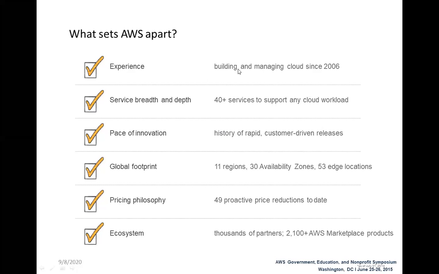Experience is building and managing cloud since 2006. Service breadth and depth, we have discussed the service breadth and depth, 40 plus services to support any cloud workload. Pace of innovation, history of rapid customer driven releases. Global footprint, we know that it is globally available everywhere. 190 countries are connected with Amazon Web Services and taking services from AWS.